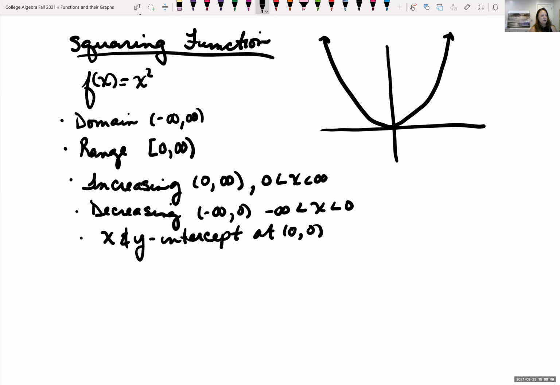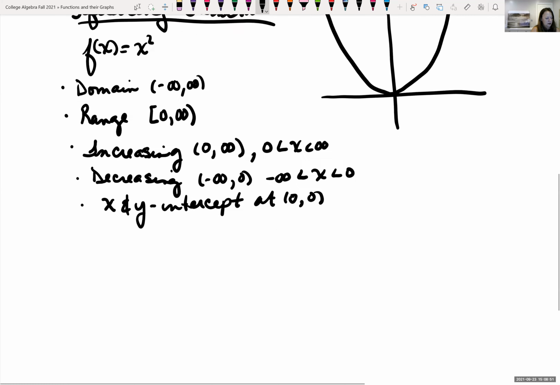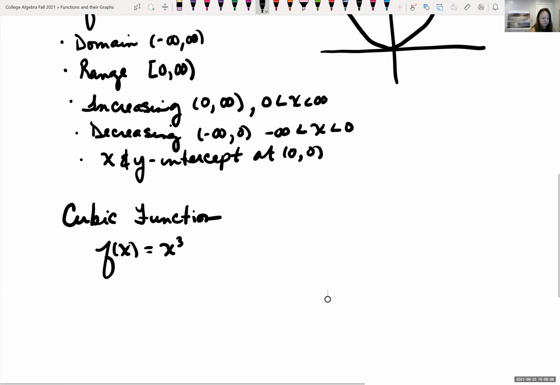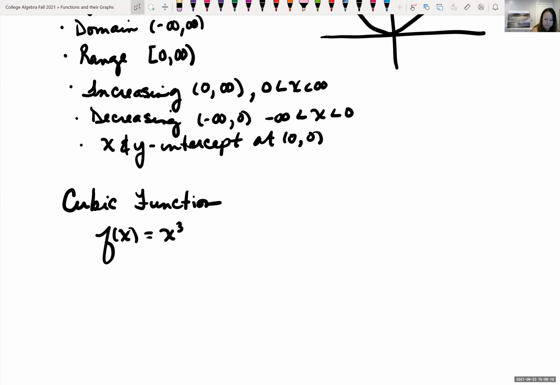We have our cubic function. This is if f of x is equal to x cubed. If we have f of x equal to x cubed, the general shape is going to look similar to this.